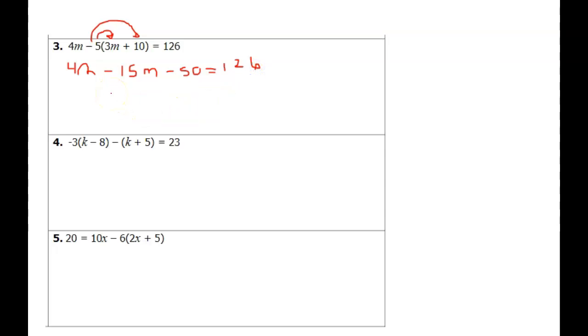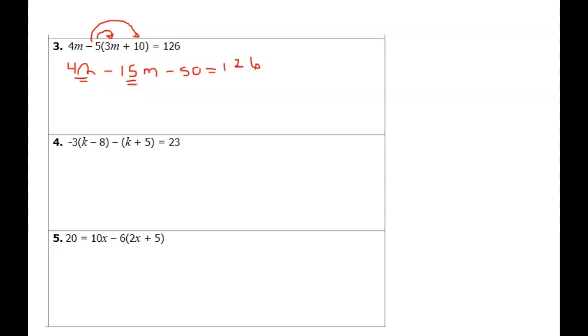Now, my next step, guys, is to do what, Olivia? Olivia, what do we do next? We distribute it. Now what do we do? Yeah, I got a combined like term. Okay? If I look, I notice I have a 4m and a negative 15.